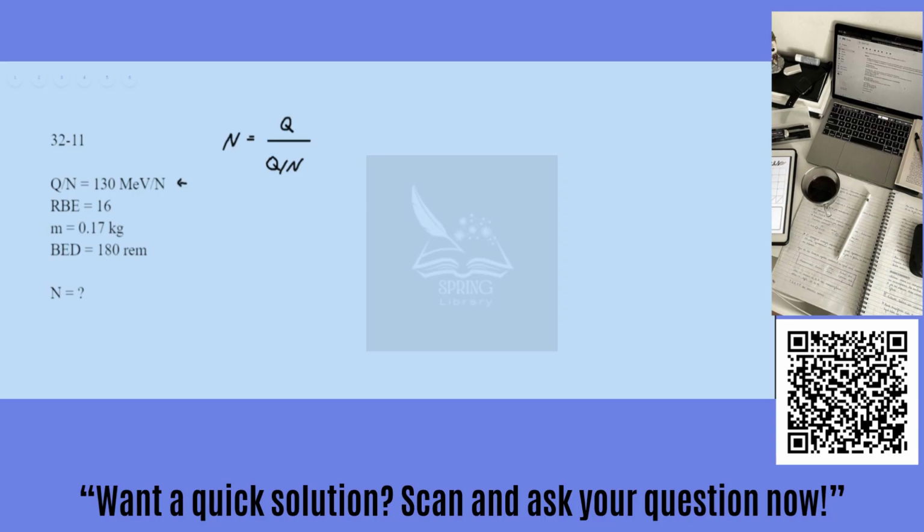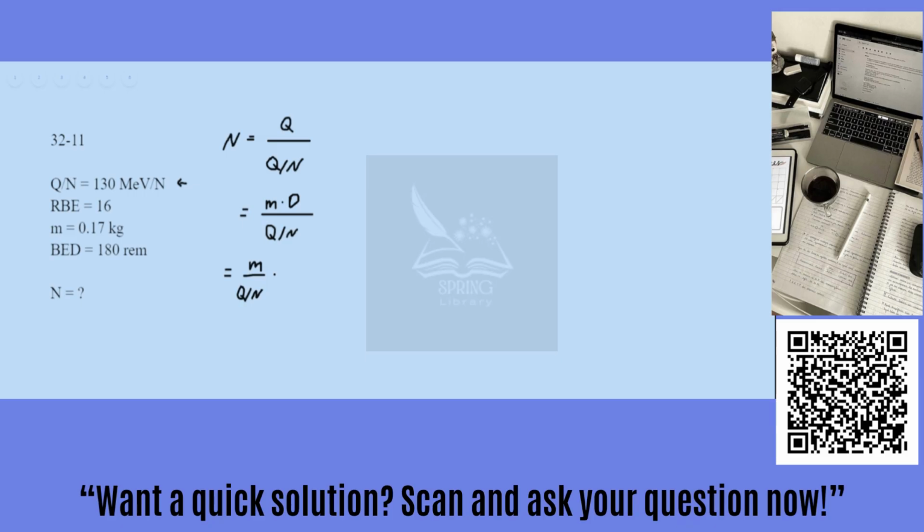Based on what's given to us in terms of RBE, BED, and mass, we can solve for this absorbed dose. Obviously, energy is just the mass times the absorbed dose. Carry that through. We know M, we know Q over N. So I'm going to pull those terms out in front, just so I have a little more room to work with an equation to solve for my dose here.